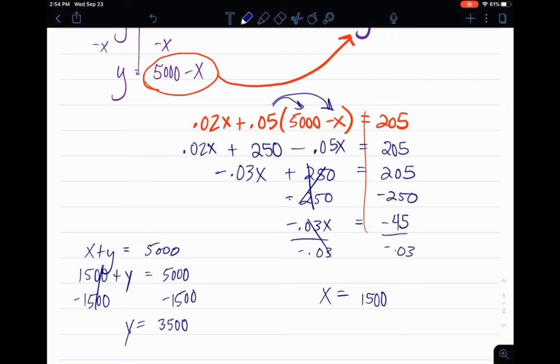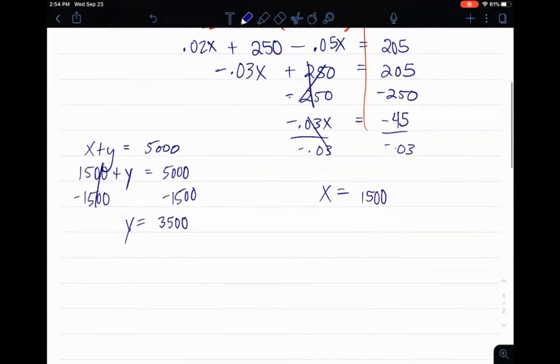How would I write this as a coordinate point? 1,500, 3,500. What does this mean? $1,500 was invested into the first fund. $3,500 was invested into the second fund, and that's what earned her that interest of $205.